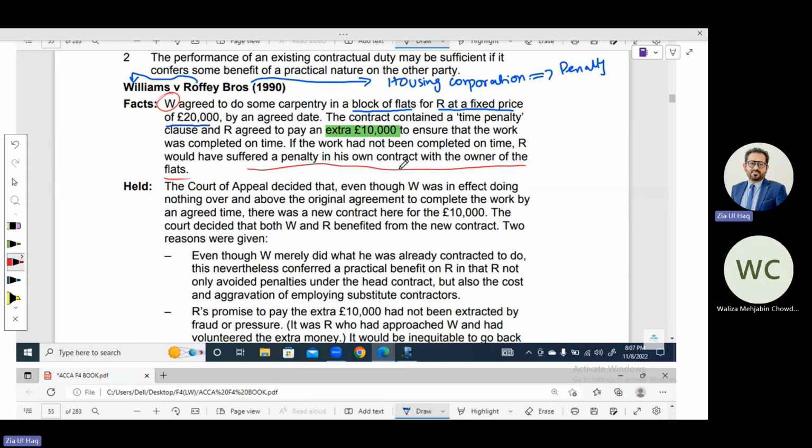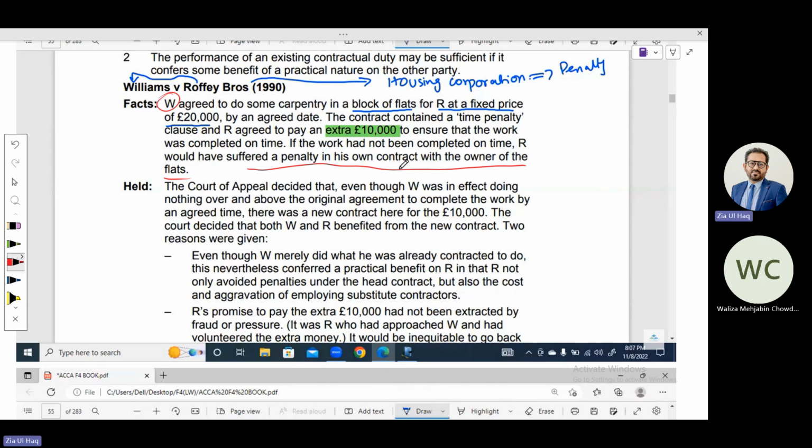I mean, R is building a house for another customer, and if R is not able to complete the house on time, the customer will charge a penalty to R. That's why he is offering the workers 10,000 extra if they complete their work on time.